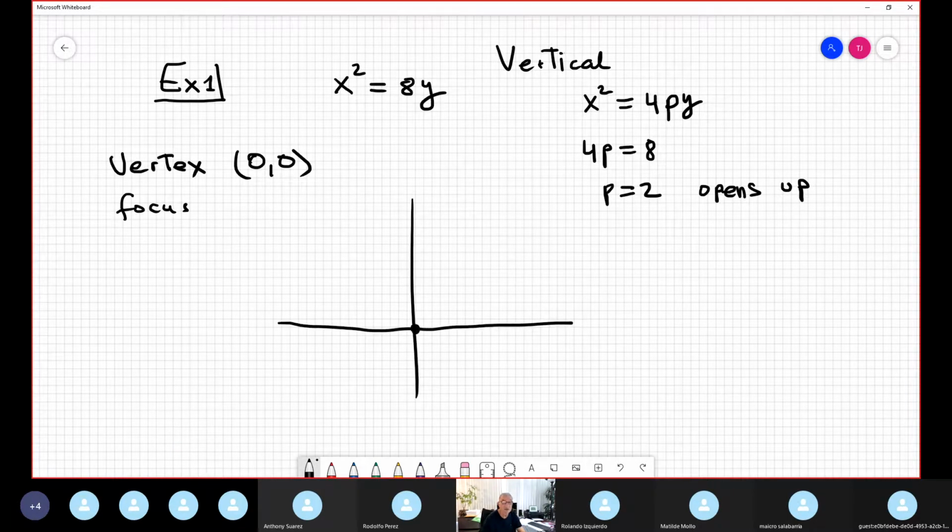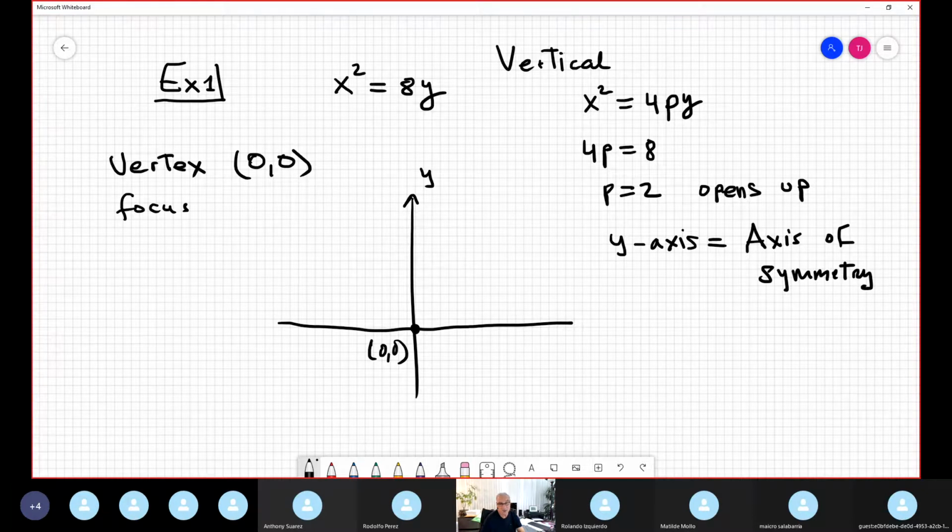I have my vertex at 0,0, and the focus is on the y-axis, which is the axis of symmetry because it's a vertical parabola. The distance is p, which is 2. This is 1, 2. This is my focus here at the point 0,2.